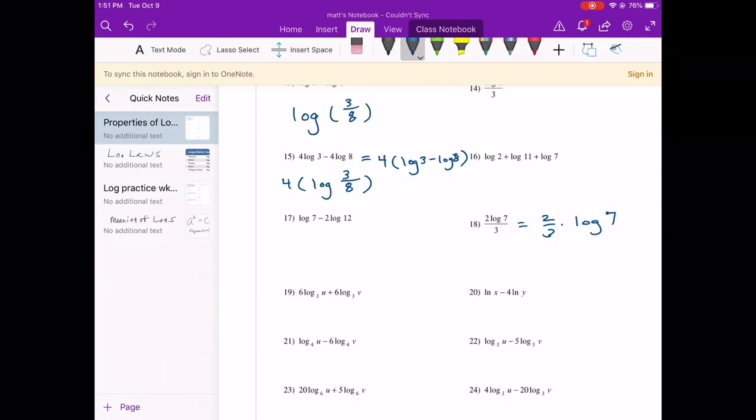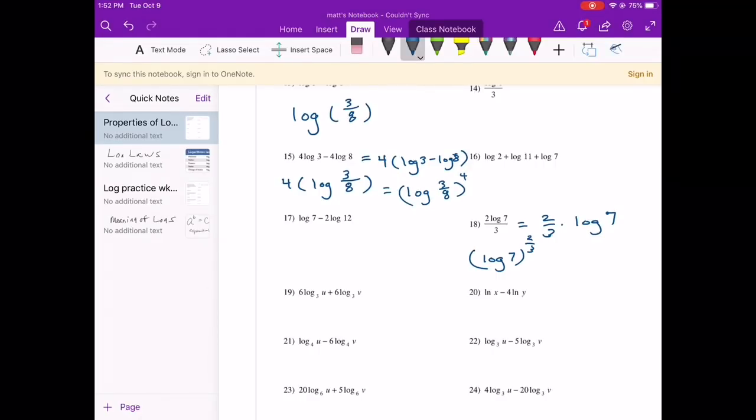So that 2/3 is going to remind me that I'm going to have an exponent of 2, as I should have done in 15. My last step there should have been log of 3/8 all raised to the 4th power. So that would have been finishing off 15 correctly. So I'm going to do something similar with this 2/3 here. So I've got log of 7, and all of that is raised to the 2/3 power.